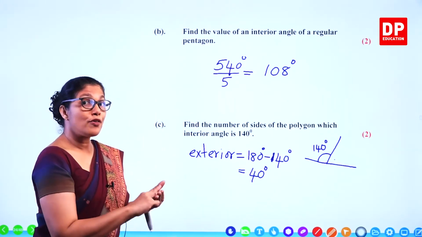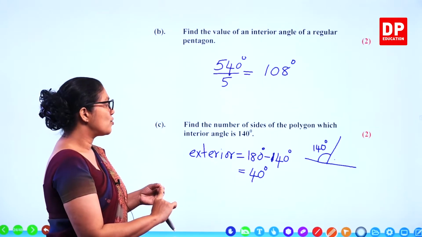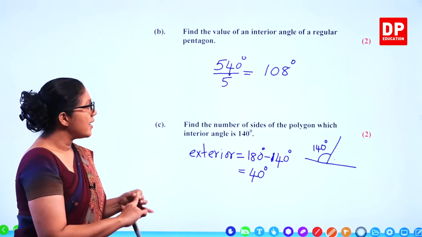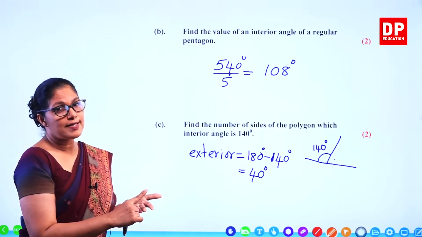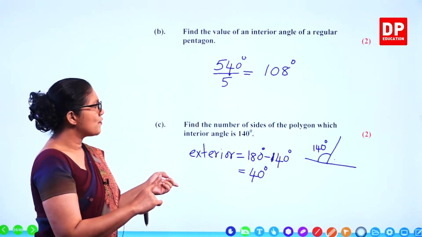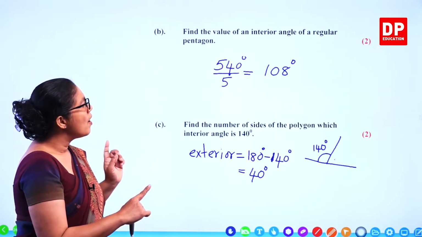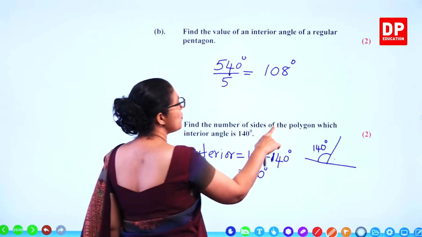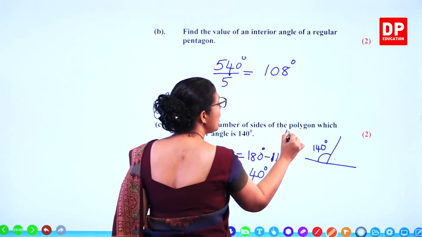And what do you know about the equation related to exterior angle? For any polygon, the sum of exterior angles add up to 360. If you know one angle is 40, this is for a regular polygon. So in this question, it should be given this is a regular polygon.